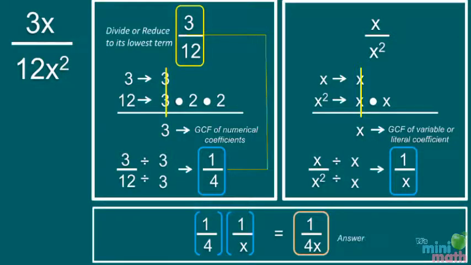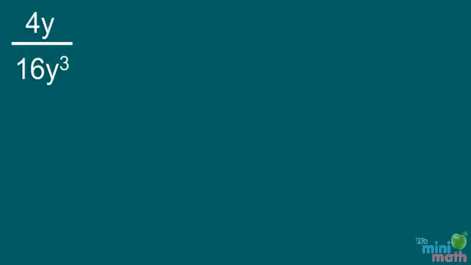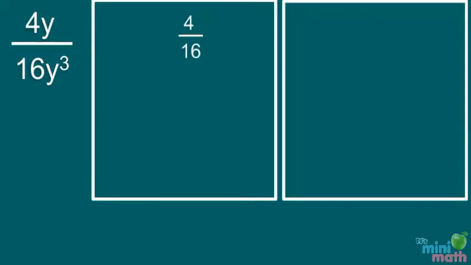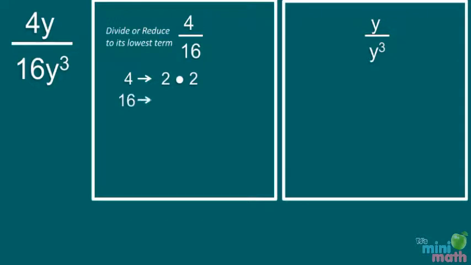Now let's try 4y over 16y cubed. Again, we're going to separate the literal and the numerical coefficients. For the numerical coefficients, we have 4 over 16. And for the literal coefficient, mayroon kita y over y cubed. So 4 over 16 can be reduced to its lowest term. 4 in prime factorization is 2 times 2, and 16 is 2 times 2 times 2 times 2.